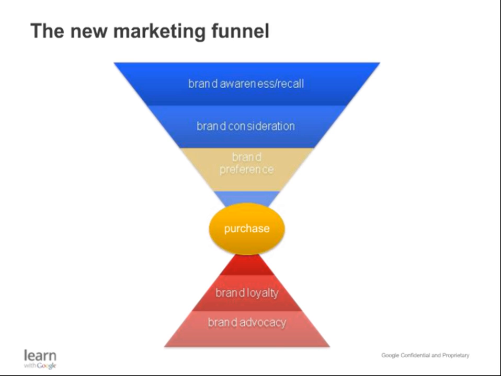Because if you think about the basic technology we've been talking about, being able to speak to users or customers based on how they're interacting with your brand, then you can obviously speak to them after they've purchased with different messages that will drive brand loyalty and encourage them to go out and advocate your brand to their friends, family, and social connections.